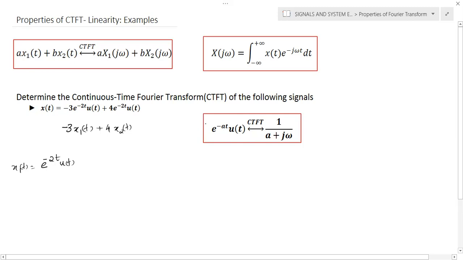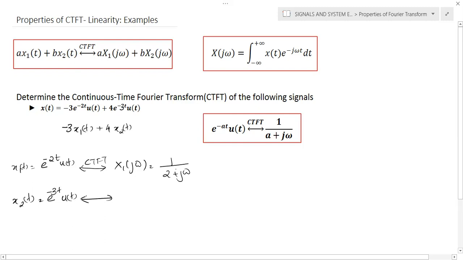You can remember this result, and by applying it, you can find the continuous time Fourier transform of the signal, and this is X1 of j omega. It can be written as 1 by 2 plus j omega. And now we can find the Fourier transform of the second signal x2 of t by using the result. This is again e raised to minus 3t into u of t.